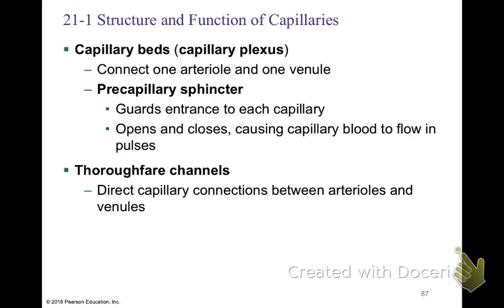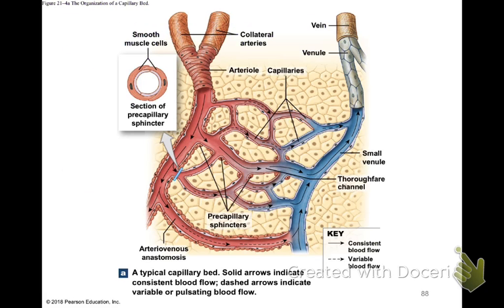Okay, capillary beds. In a capillary bed, you've got the supplying arteriole, the metarteriole, which is the part of the arteriole where the capillaries are going to arise. Each true capillary is marked by its own precapillary sphincter that guards the entry to that capillary.